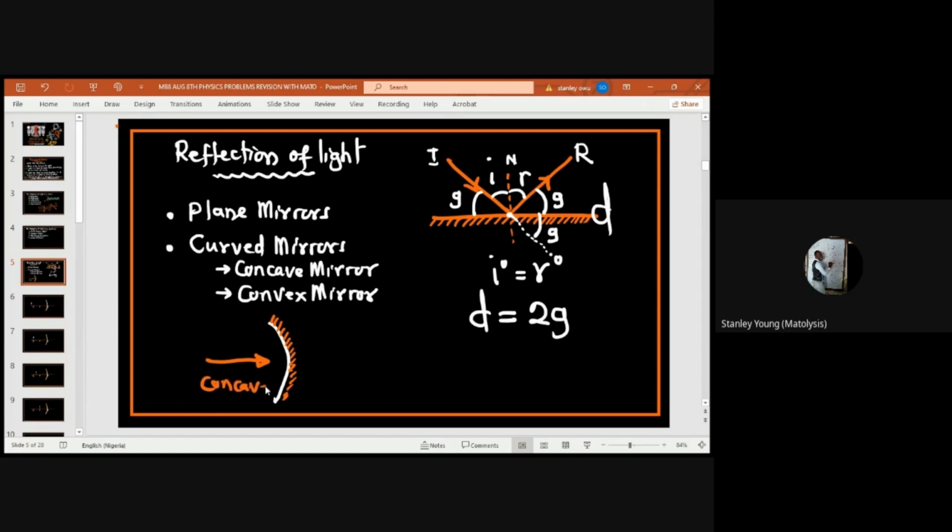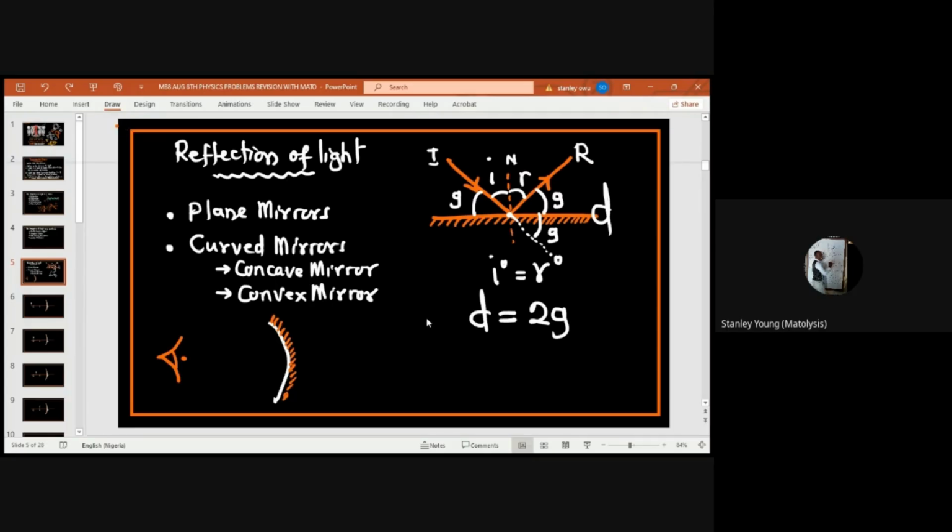A concave mirror usually has a hollow side from your position of view. So if this is your position of view, what you are seeing is going to be the hollow part of the curve. That makes it the concave mirror.